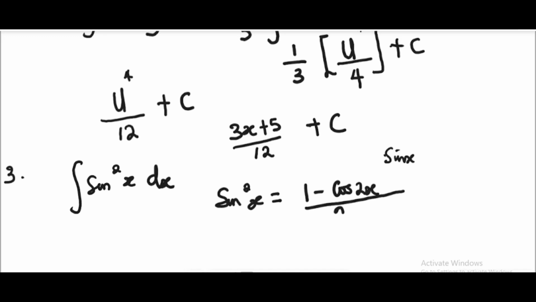If I have cos ax, the integral of cos ax will be equal to sine ax over a. So just know it any day, anytime, that if you are to integrate cos ax, it will give you sine ax over a.